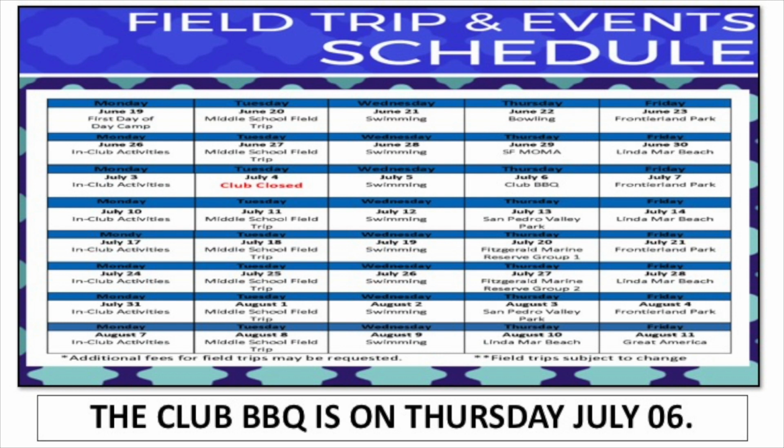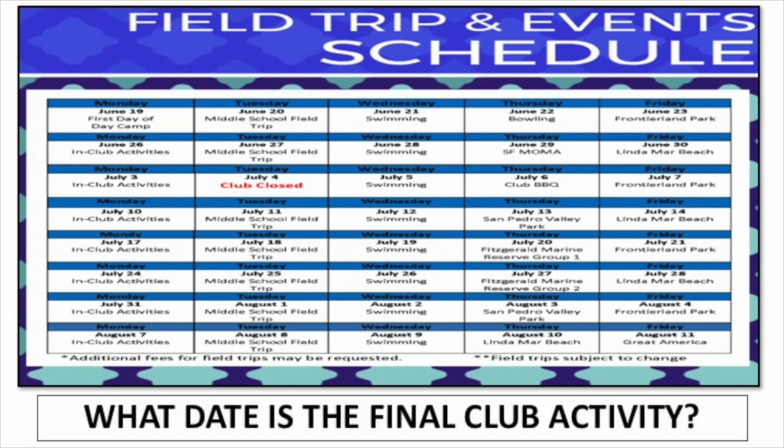Excellent. And then one more question. Ready? What date is the final club activity? So go to the very end of the program, and what date can you see? So if we go right to the end and to the bottom, what day? Friday, August 11.